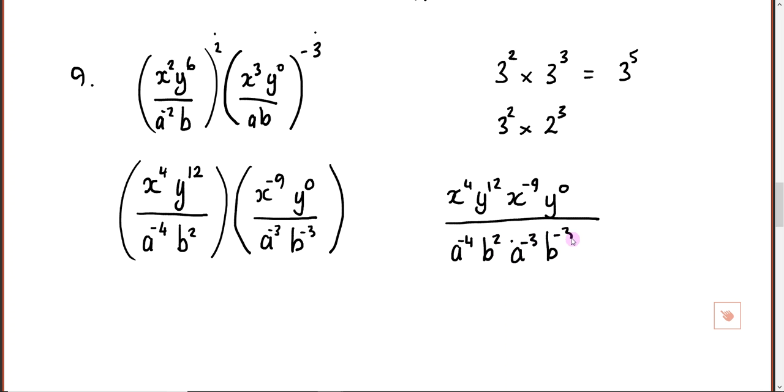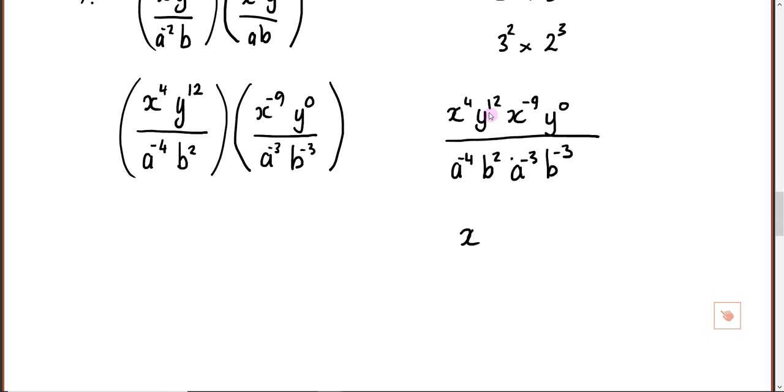Can you see why I didn't flip it yet? So I can now simplify. When I'm multiplying, what do I do? X to the power of 4 add -9 is -5. That's then dealt with. I'm going to put my line in. 12 add 0, still y to the power of 12.